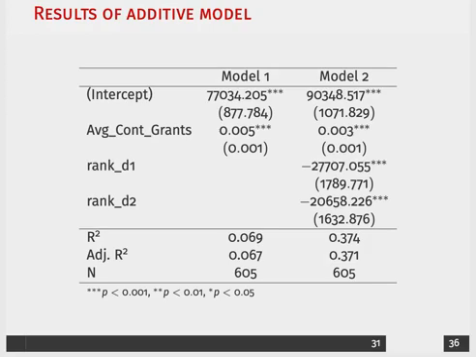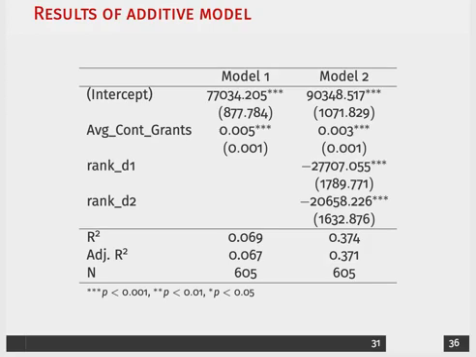But I do think it's notable that there is more explained variation by the variation in rank than there is by the amount of grants that they get. So that is interesting, though that's not necessarily the intention with what we're doing here.